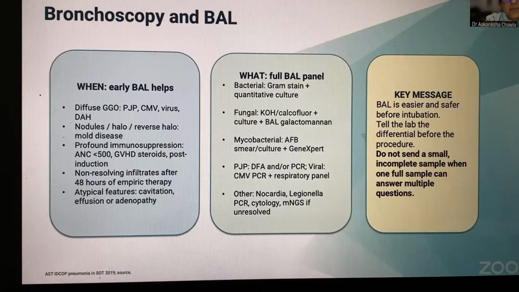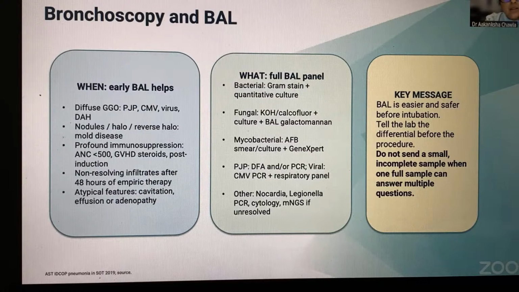What do you send once you take your BAL sample? You send gram stain, aerobic quantitative culture, fungal stain and culture, TB AFB stain, culture and GeneXpert. For PCP, you do the DFAT as well as the PCR. For CMV, you again send the PCR, and you may even send the respiratory panel if needed.